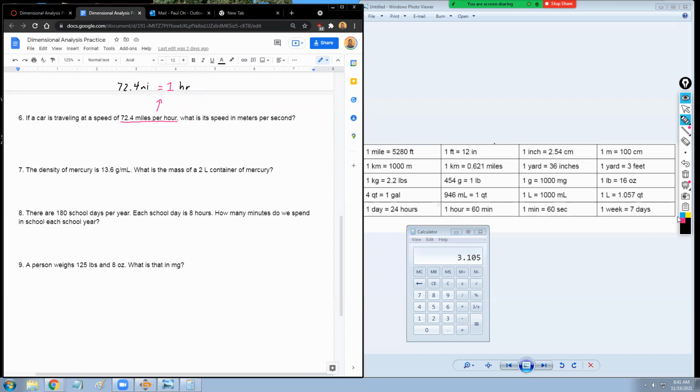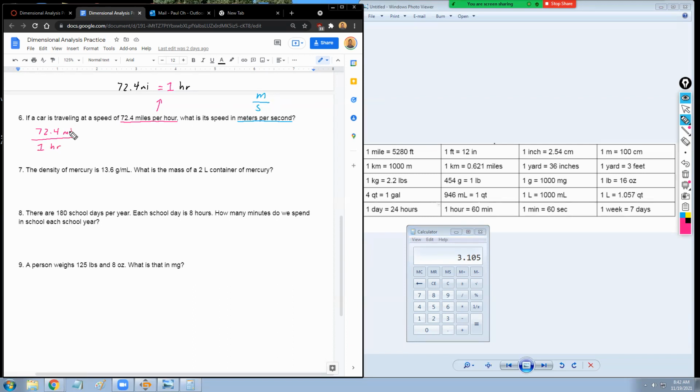The question is asking us to find the answer in meters per second, which means meters divided by seconds. So our starting number is going to be a fraction, 72.4 miles divided by 1 hour, and we want to turn that into meters per second.